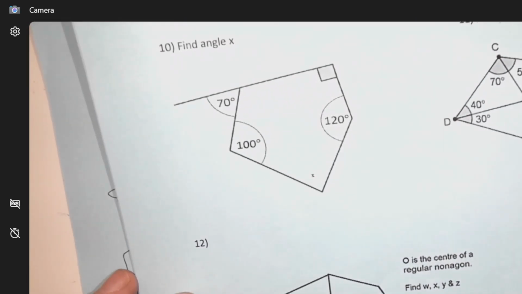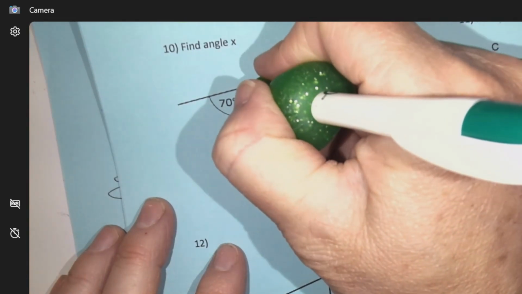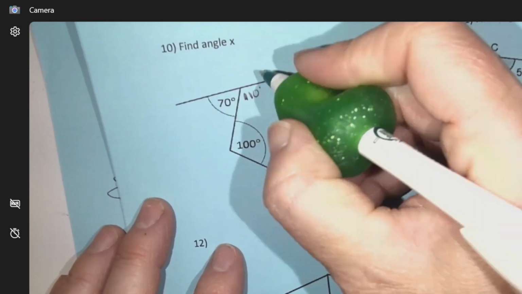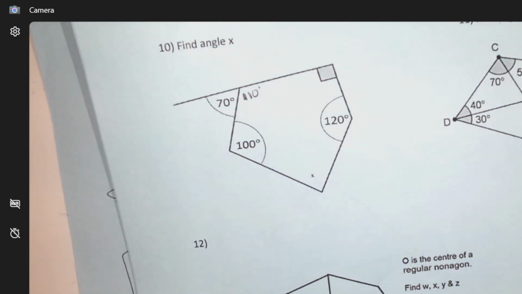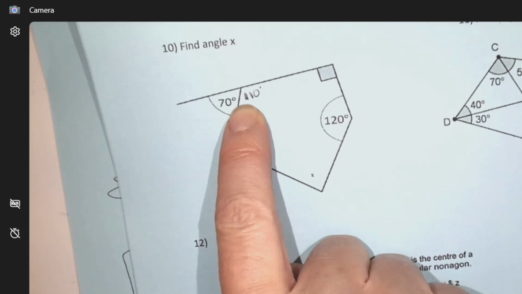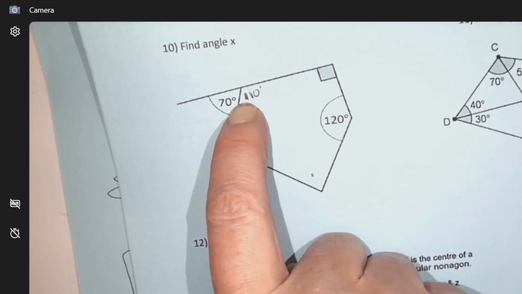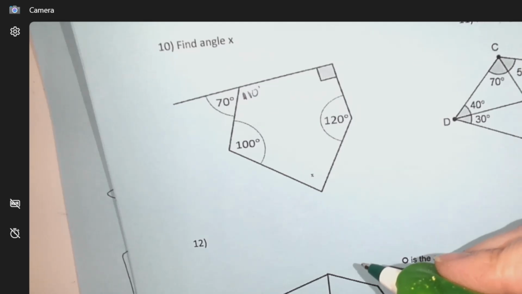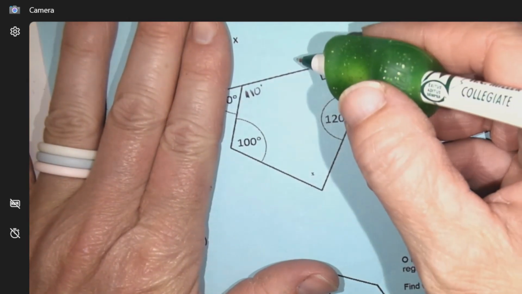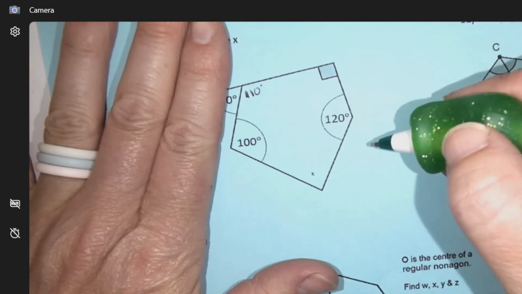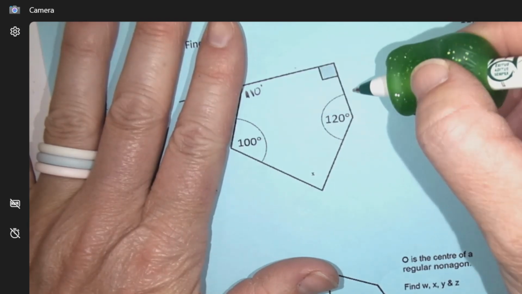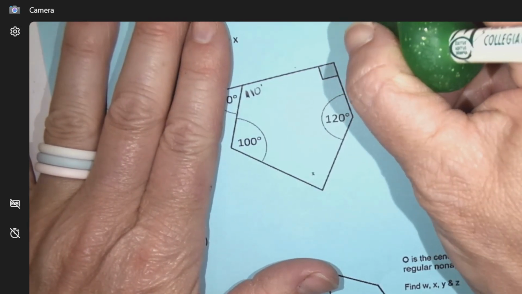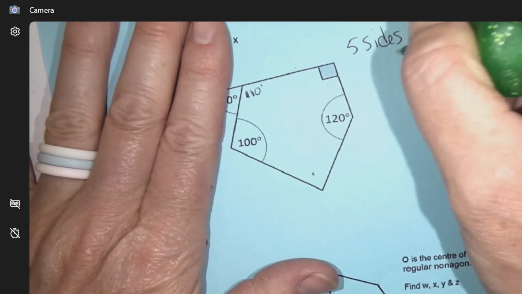Okay, number 10. First thing is I'm going to put 110 beside 70. Because that has to make 180 right there. Next, I'm going to think about this shape. 1, 2, 3, 4, 5 sides.